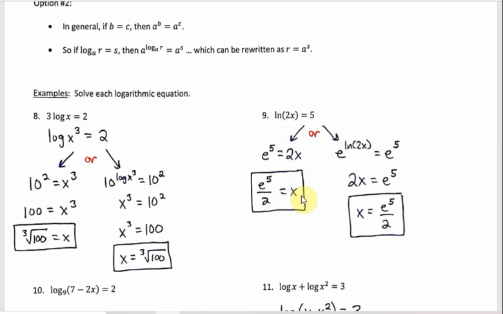The other way of doing it is, since it says base e, you'd use the base e if you were going to use exponentiation. So e raised to the power of ln of 2x equals e to the 5th. But on the left side, e being raised to the power and natural log, those are inverses of each other, so that's really just 2x. So 2x equals e to the 5th, divide both sides by 2, and you get the same answer as you got over here.